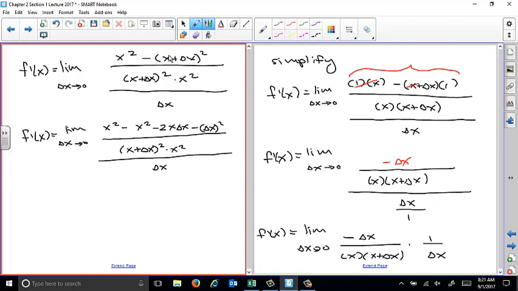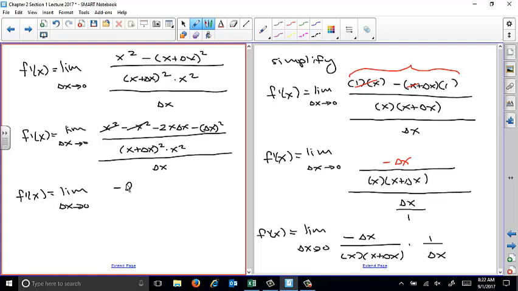So I multiplied this out, which is x squared plus 2x delta x plus delta x squared, but there's a negative sign, so you have to apply it to all this. So those cancel out, go to 0. And then what do we have? It's a limit as delta x goes to 0.